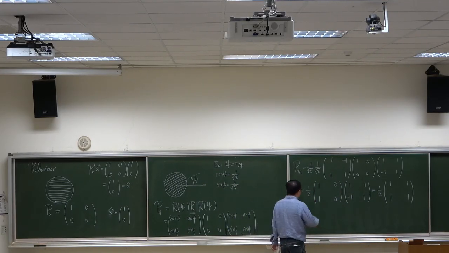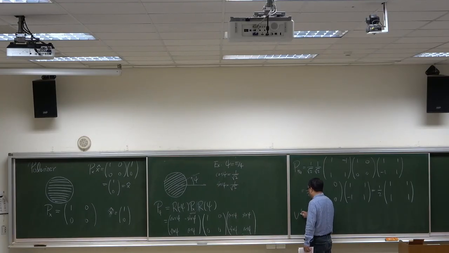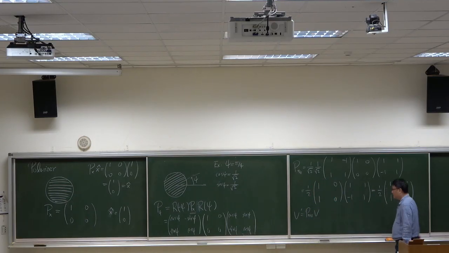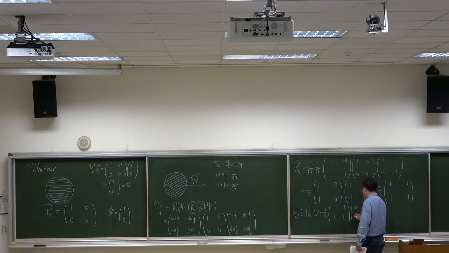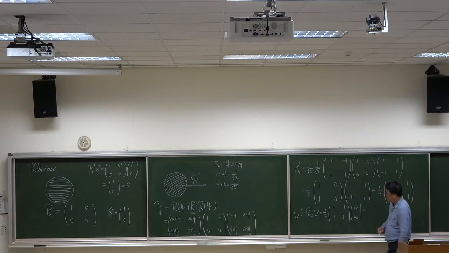So you see that if now I multiply it with an arbitrary incident polarization, we get 1/2 times (bx plus by) times (1, 1).